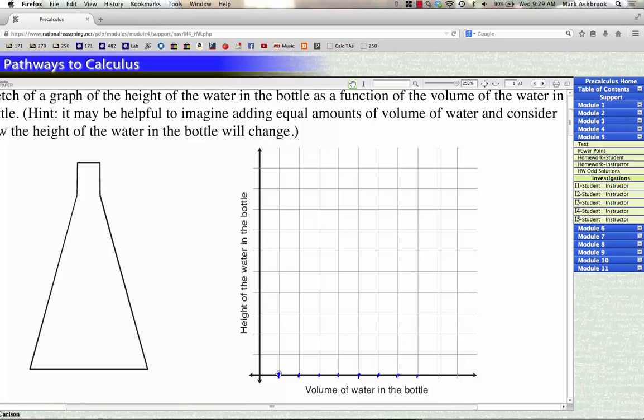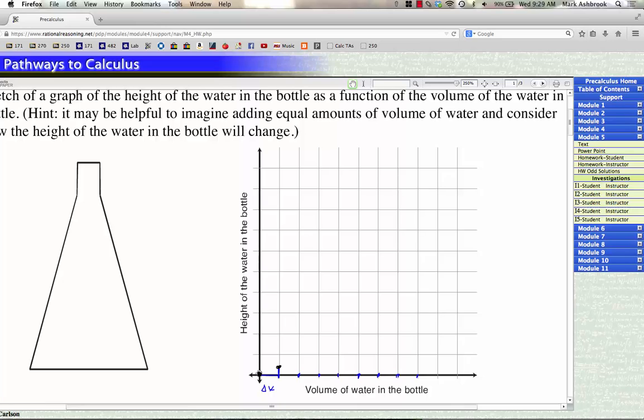Okay, so here's this initial change in x right there. So there's our change in x. And we get some corresponding change in y. And then those two things taken together give us a new point on the graph. So when the volume was 0, what's the height? 0, so we forgot, we could start with that point.